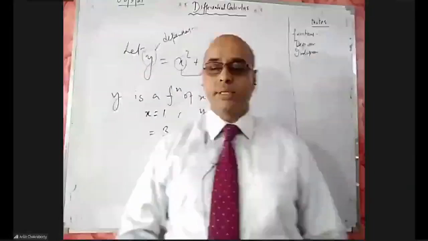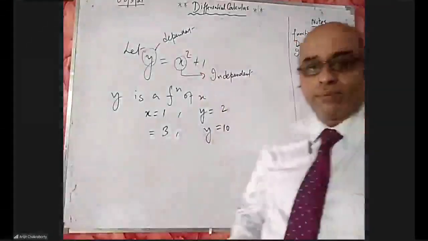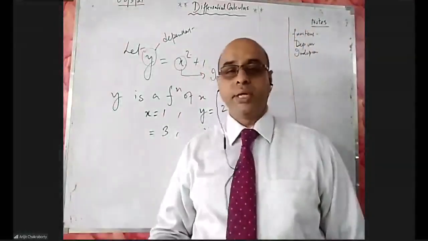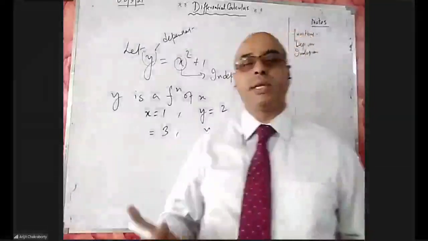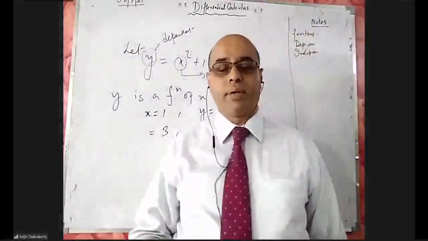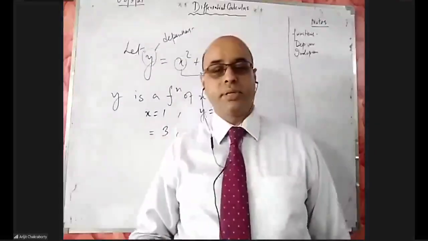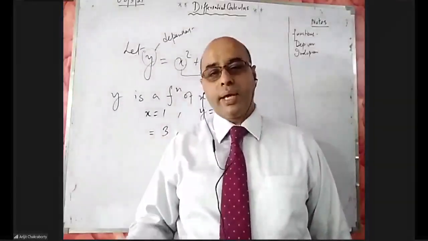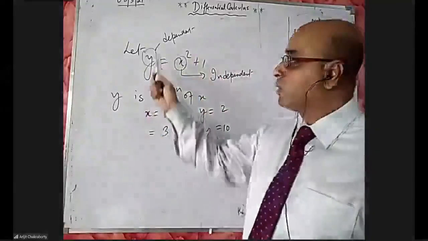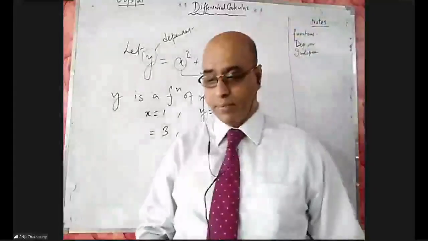So therefore, x is the independent variable, y is the dependent variable. Why is it called a variable? Because x can assume any number, right? It can be a fraction, it can be a negative number, it can be a positive integer, right? So therefore, x is always the independent variable if you see this equation, and y will be the dependent variable.